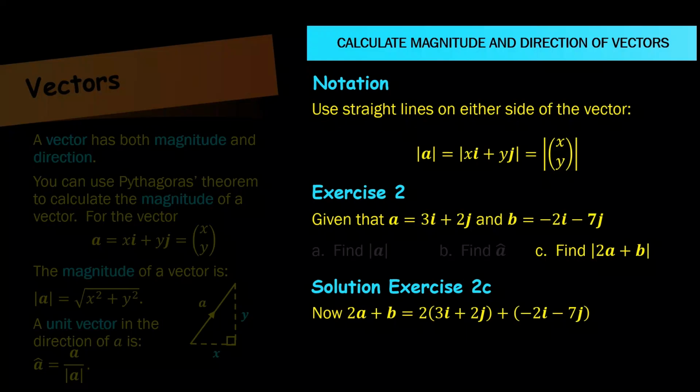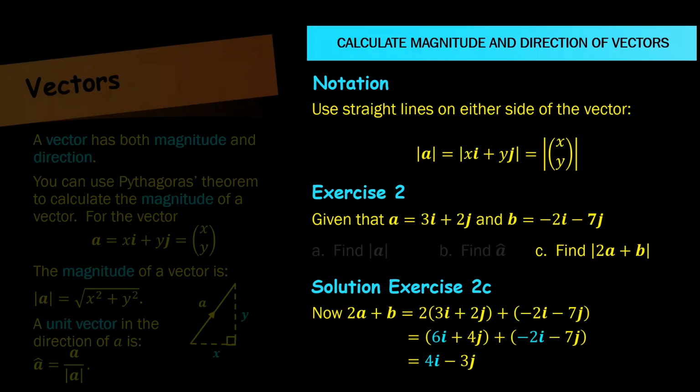Let's expand the 2a, which becomes 6i plus 4j as shown, and leave the b as it is. Then we collect together the i terms, so 6i minus 2i equals 4i, and we collect together the j terms, so 4j minus 7j equals minus 3j.